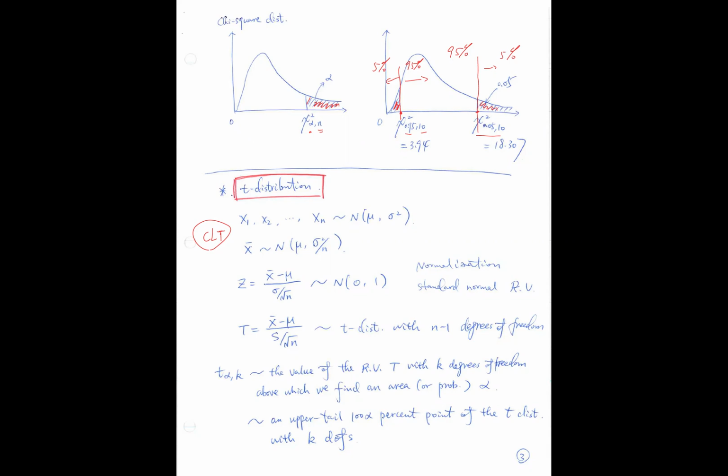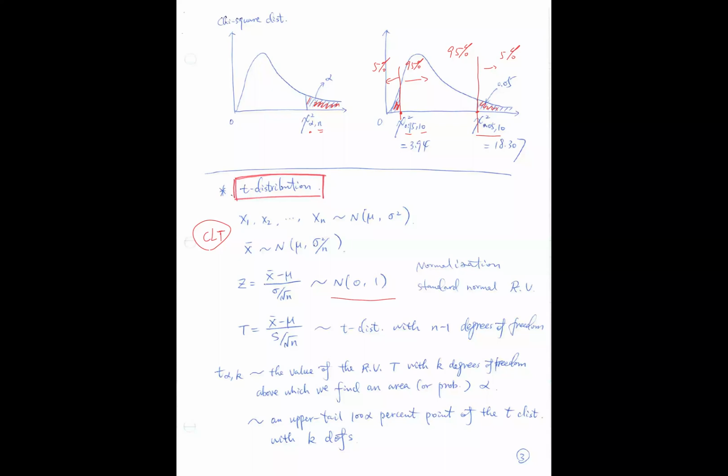So X bar is approximately normally distributed with mean mu and variance sigma square over n, the variance getting smaller. And now we do the standardization or normalization. Then z equals X bar minus mu over sigma over square root of n. This is normally distributed with 0 and 1.